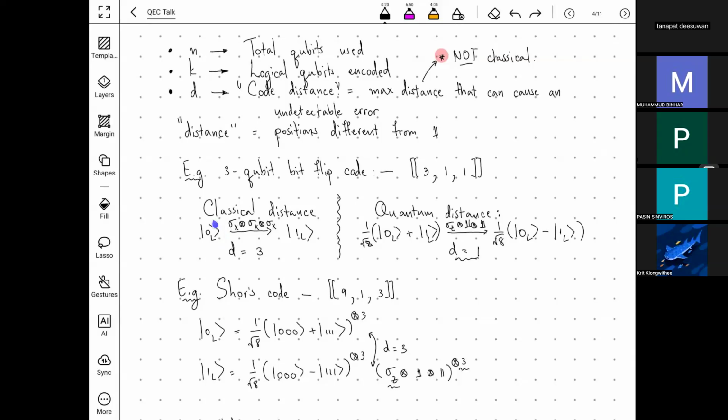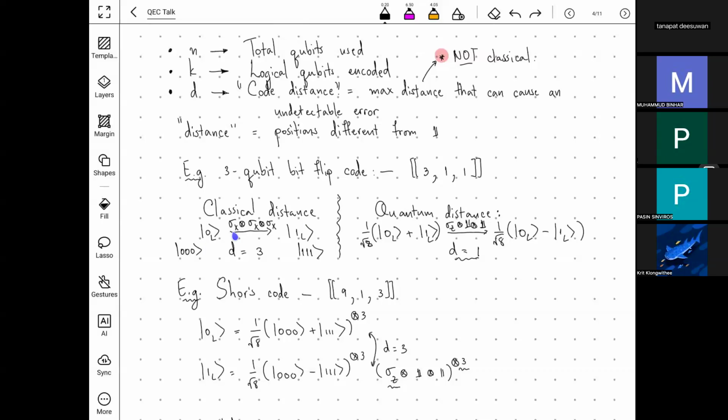Classically, this distance is defined as how many operations you have to do to go from one code word to the other. If you use that definition here, then the 0L here is the code word, which is just 000, and the other code word is 111. Here, you need to do the Pauli X matrix 3 times in order to reach the 111 code word. So the classical distance of this code will be 3.